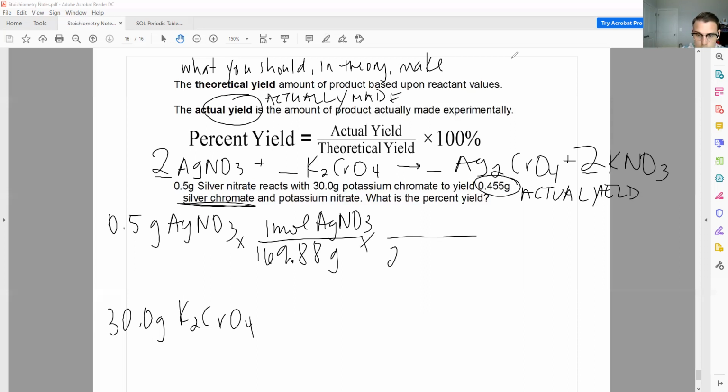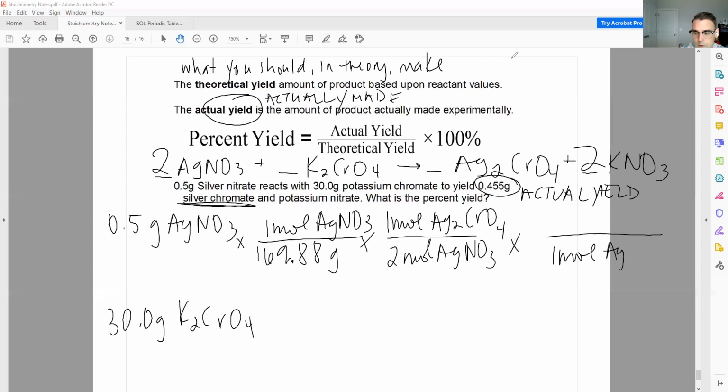And then for every 2 moles silver nitrate, again, based on our balanced equation, you get 1 mole of silver chromate, and then 1 mole of silver chromate will give me 331.73 grams of silver chromate. That answer, 0.5 grams silver chromate. Okay, so that's one of my answers.